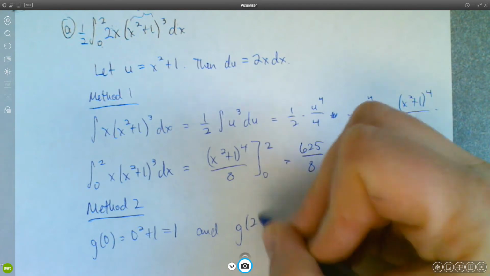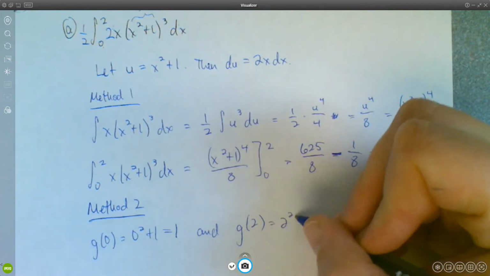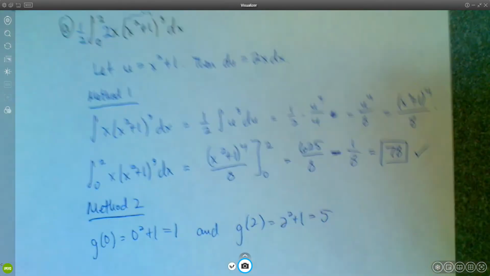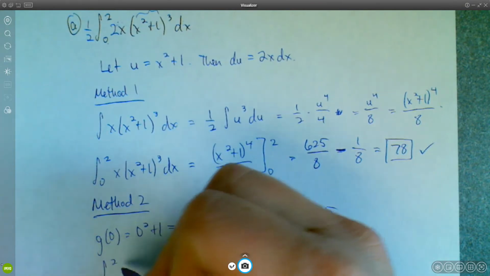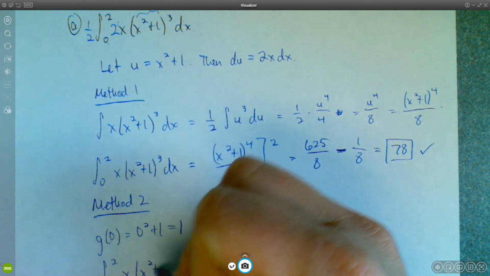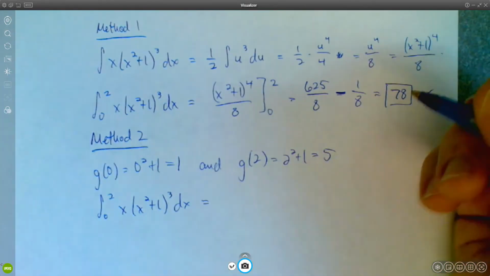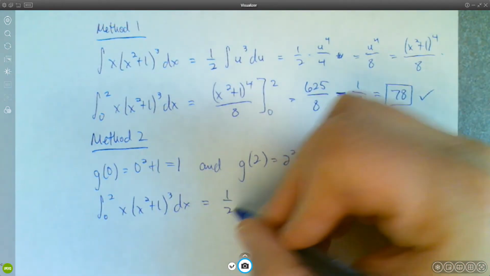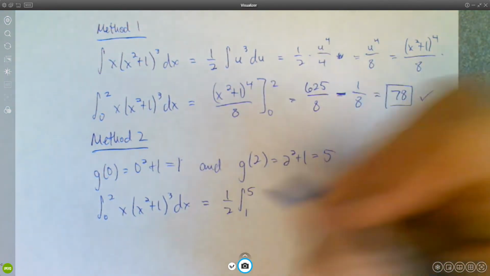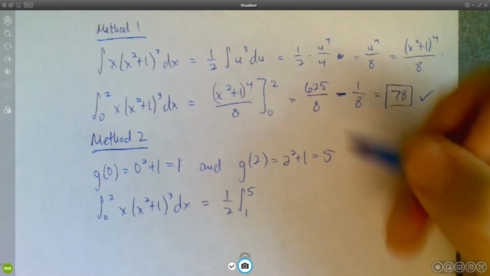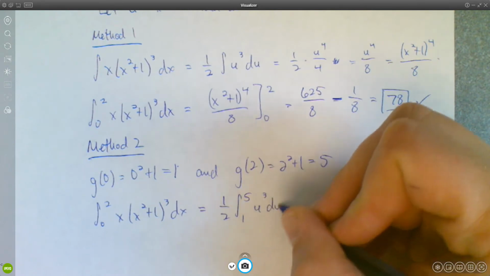And g of 2, the upper limit of integration, would be 2 squared plus 1, which equals 5, right? And so this whole integral from 0 to 2 of x times (x squared plus 1) cubed dx turns out to be equal to 1/2 times the integral from 1 to 5 of u cubed du.